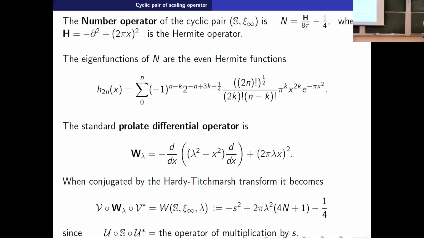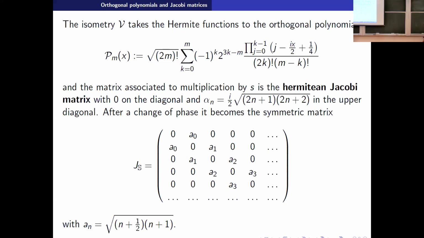Okay, so if we look at the isometry, this Hardy-Titchmarsh, we see that it takes the Hermite functions, that was the whole point, to orthogonal polynomials. Because the Hermite functions were an orthonormal basis for L2 of R even, and we take the even part.